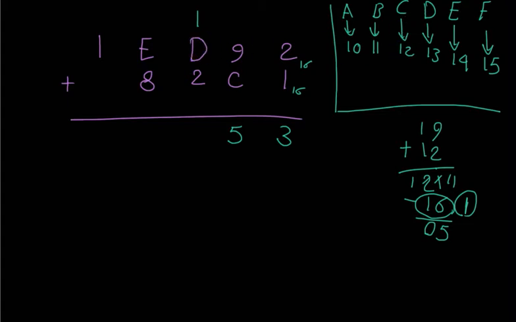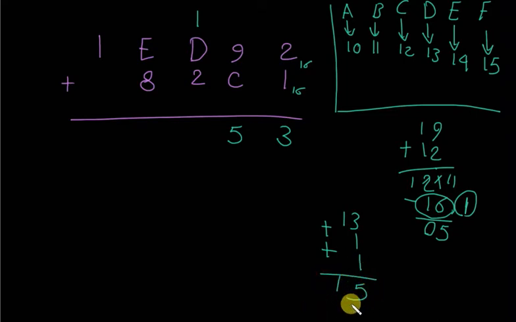Again here, the decimal value of D is 13. We are adding a 1 to it because it's a carryover from here, and we are adding another 1 to it, and it will give us 15. Well, this is less than 16.